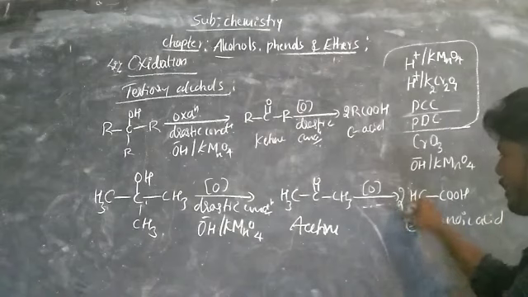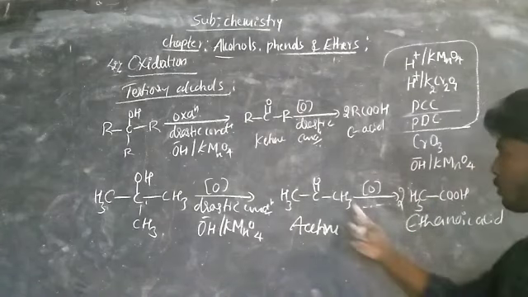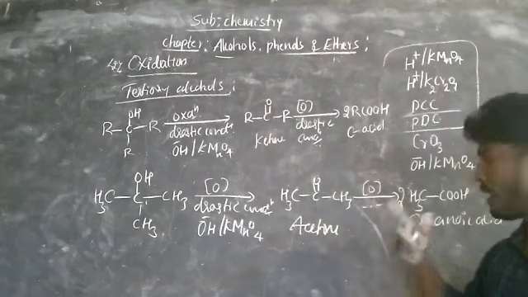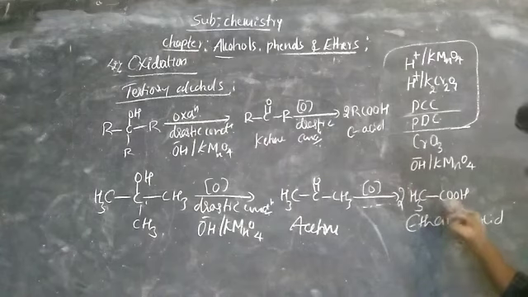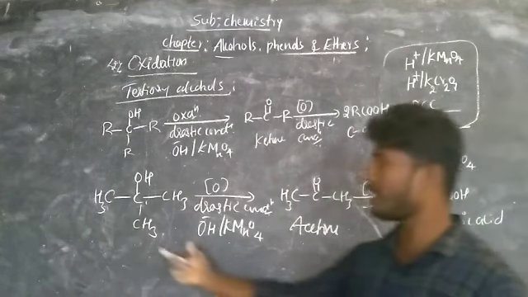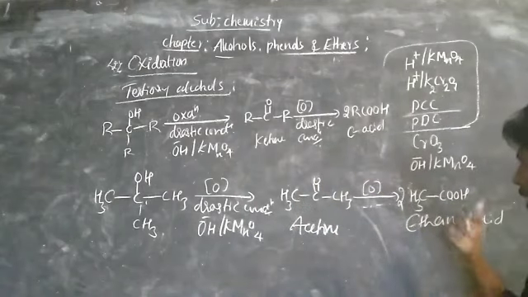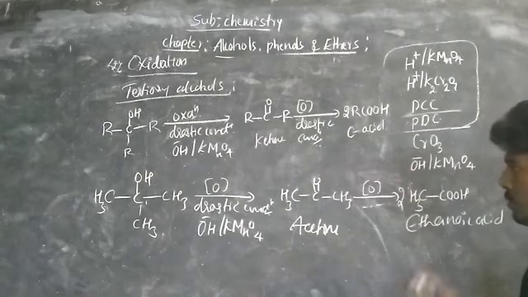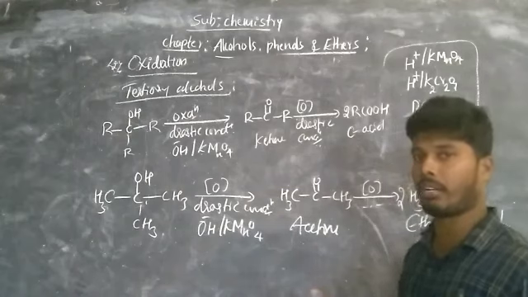You get two equivalents here. One, two carbon atoms, here one carbon atom, totally here one, two, three carbons are there. But see here, one, two and two times, four carbons are there. How is it? Here there is one methyl group, right? That will be present in the chemical reaction. It will react and form two equivalents of ethanoic acid. So this is the chemical reaction of oxidation of tertiary alcohols.